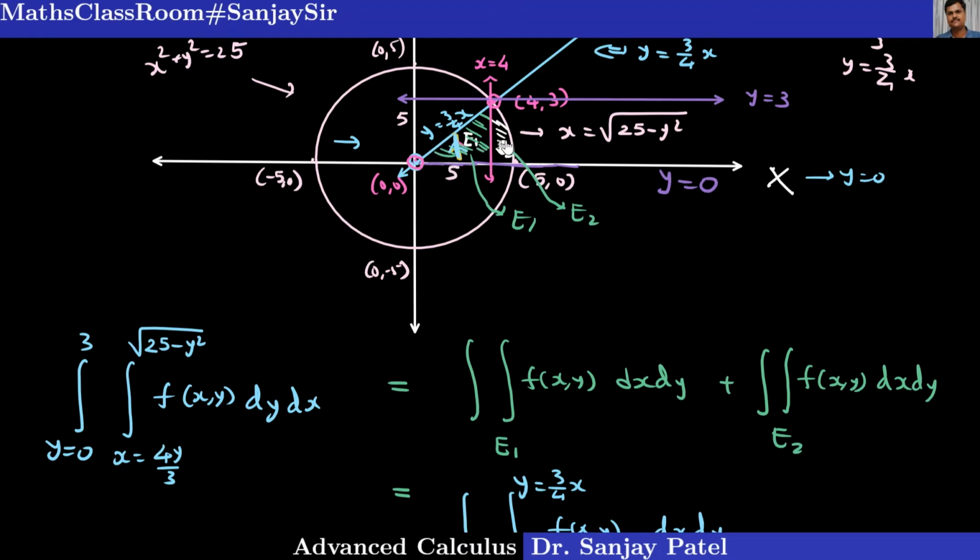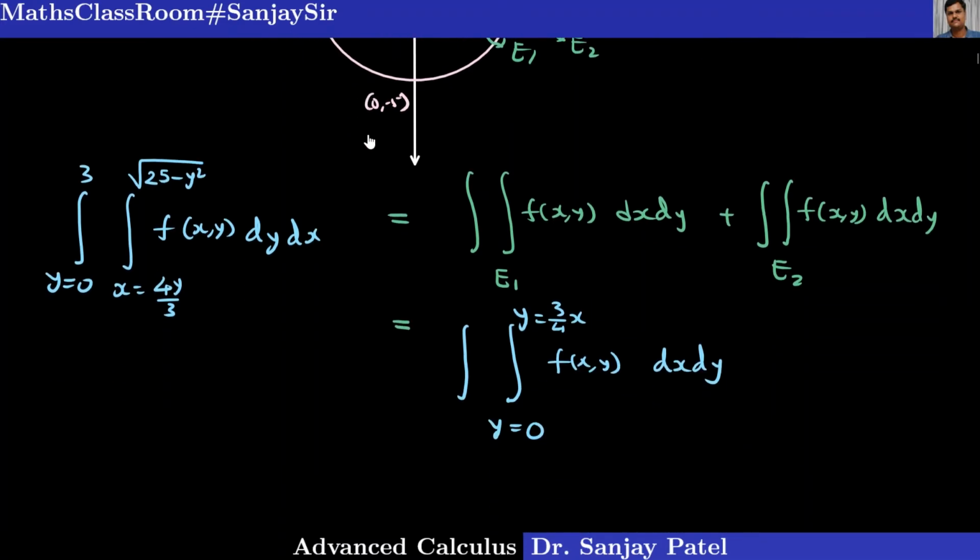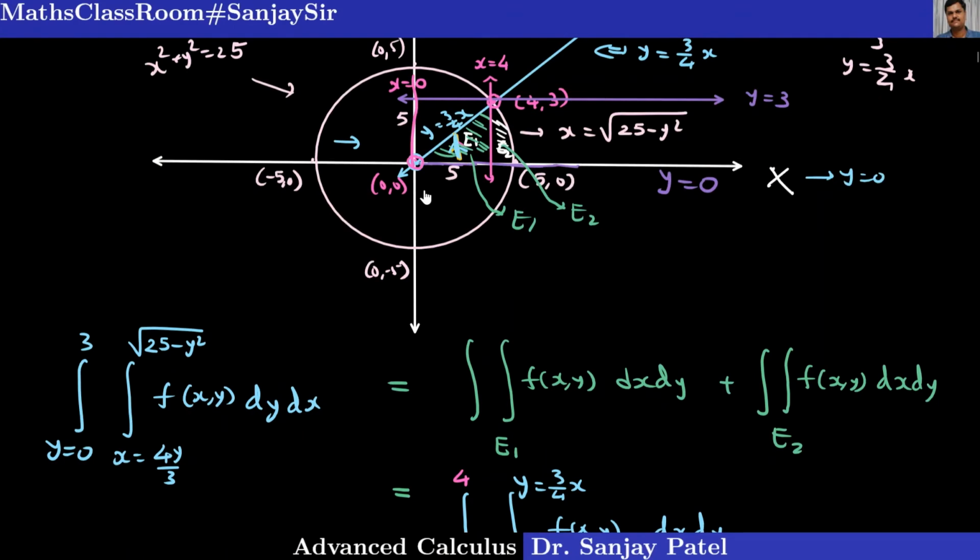When you exit the region, this is the last boundary, and on this boundary the value of x is 4. So over this E1 region, it is bounded between x equal to 0, that is the y-axis, and the line x equal to 4. So the limits of x are from 0 to 4.